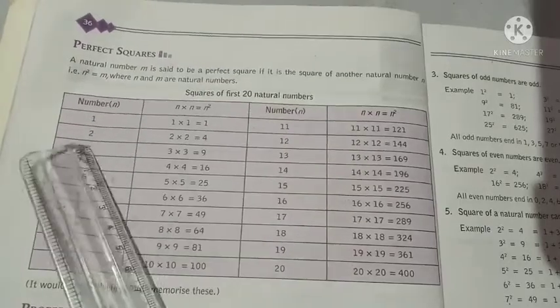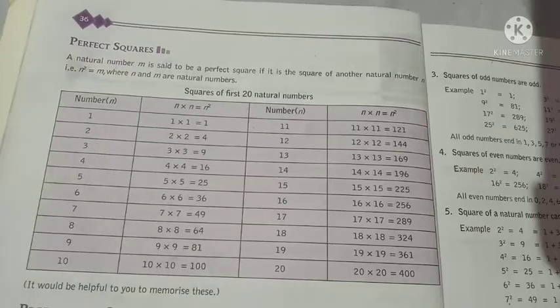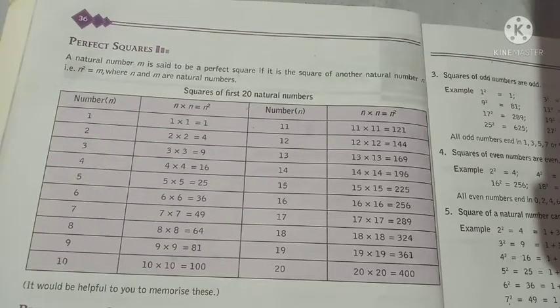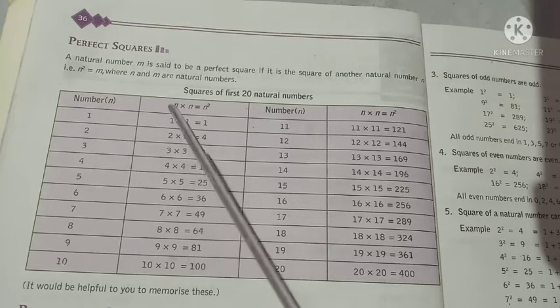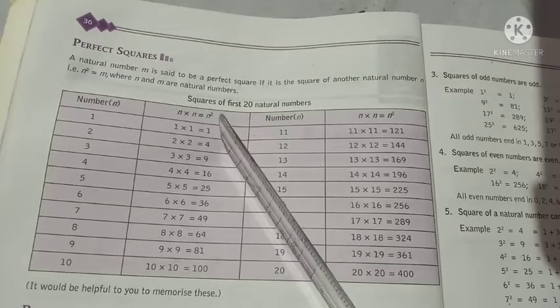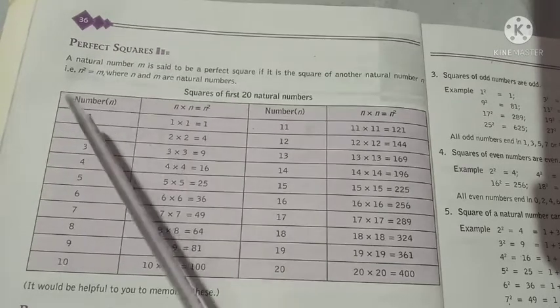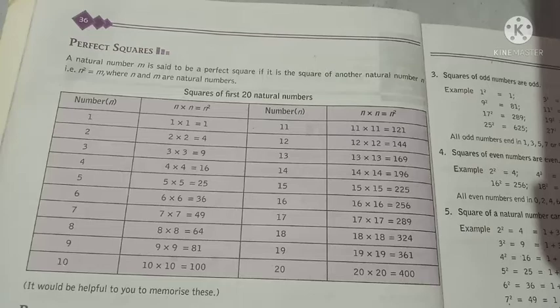Here 2 into 2, 4 is the square of 2, and we can say that 4 is a perfect square. If 4 is the square of 2, then we can say that 4 is a perfect square. Understand?